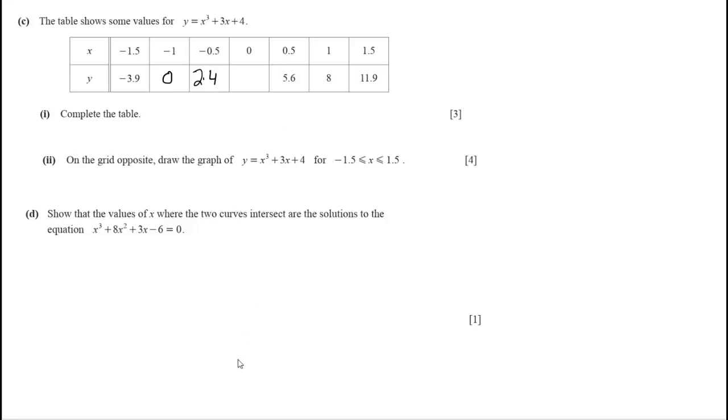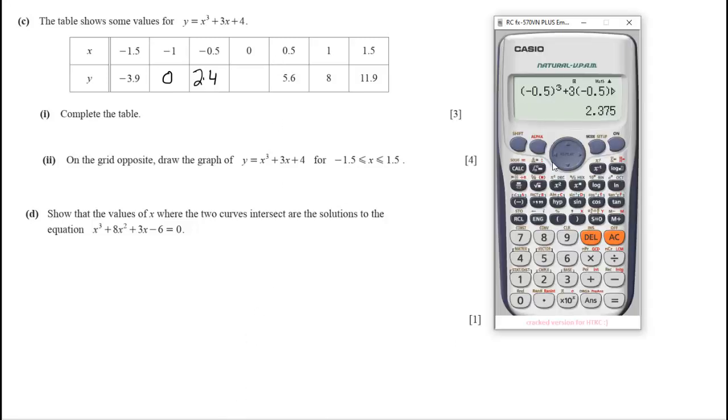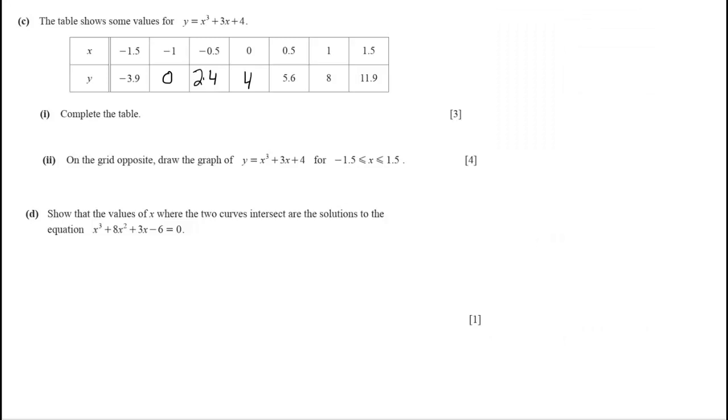Let's put 0 now. So bring the cursor here again. 0. And the answer is 4. Okay, now we have filled in the 3 marks.